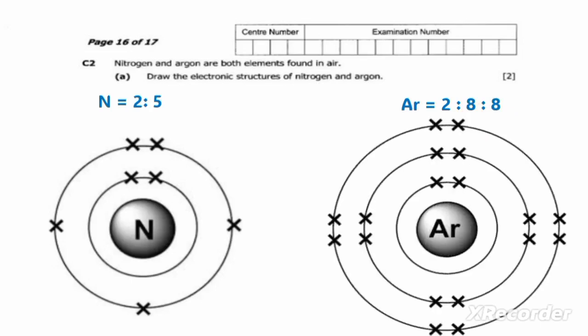So this is how electrons in argon are demarcated. We can see that 2 electrons are accommodated by the inner shell or the first shell, 8 electrons in the second shell, another 8 electrons in the last shell. Okay, so we have answered this question.